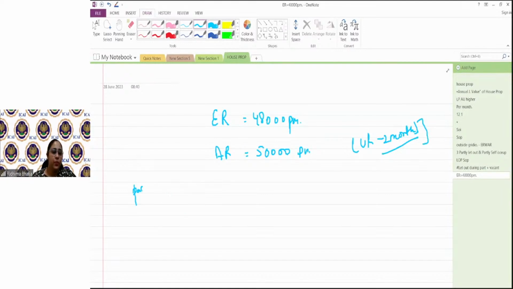First scenario, where it's a partly let out and partly vacant case, the one which we did just before the break. Now, expected rent is coming to 48,000 into 12, which is 576.